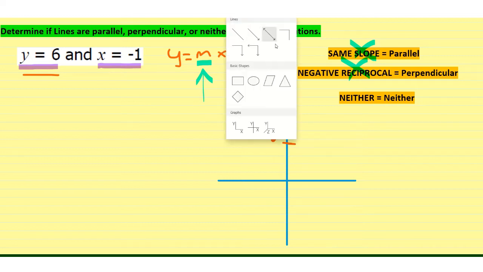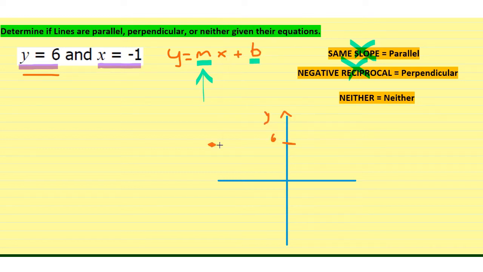So I can insert a line that crosses the y-axis at that point. And that line happens to be a horizontal line. So we can mark that as a horizontal line, H-O-R-I-Z-O-N-T-A-L. Okay, and so that's my y line.